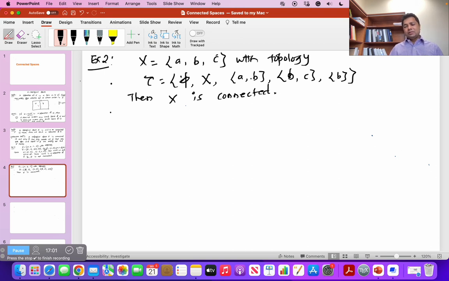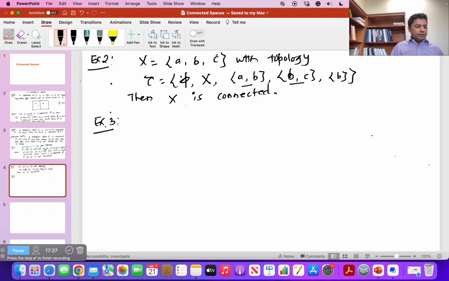You can see, if we take this set and that set, their union is X but their intersection is not empty. So even though their union is X and they are open and non-empty, they are not disjoint, so they cannot form a separation. So in fact we cannot find a separation of X. That's why X is a connected space.